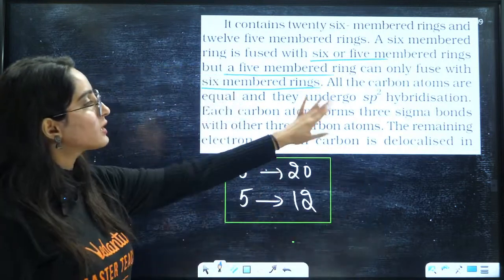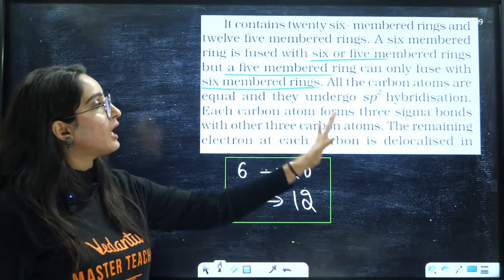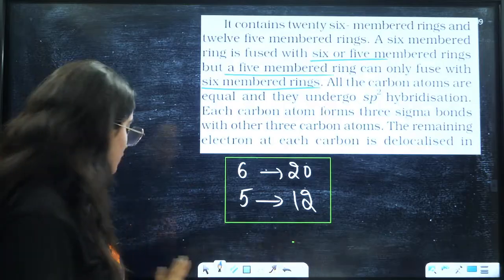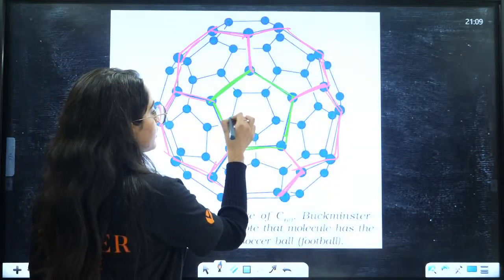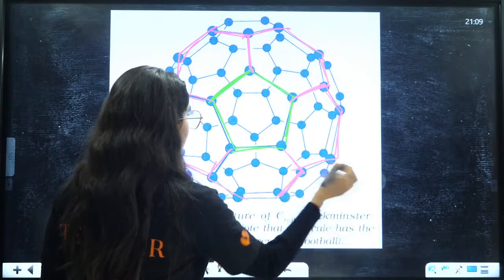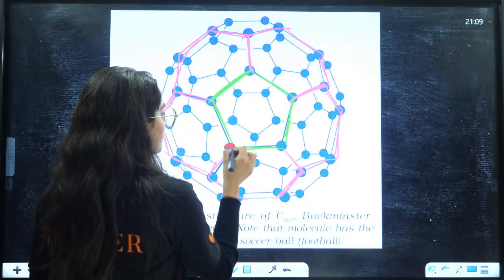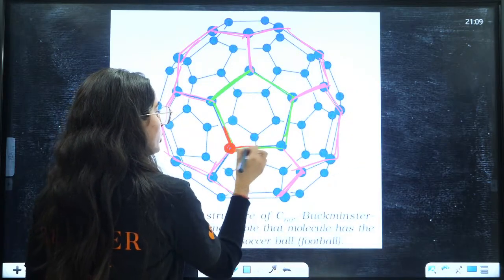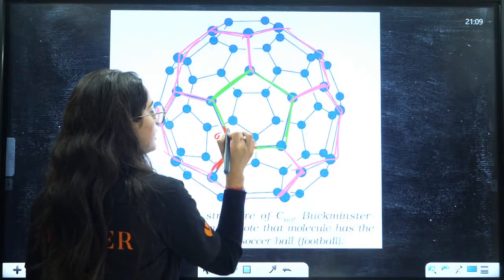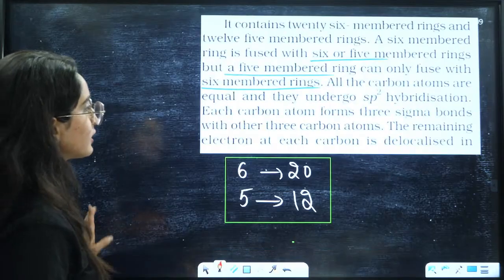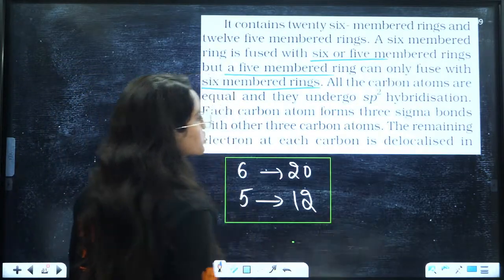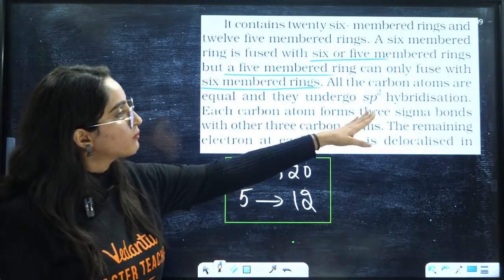Next, all the carbon atoms are equal and they undergo sp2 hybridization. How do they undergo sp2 hybridization? Pick out any carbon here. Let's pick this carbon. It has 1, 2, 3 sigma bonds. That is sp2 hybridized only, right? So all the carbons have sp2 hybridization. Each carbon atom forms 3 sigma bonds.